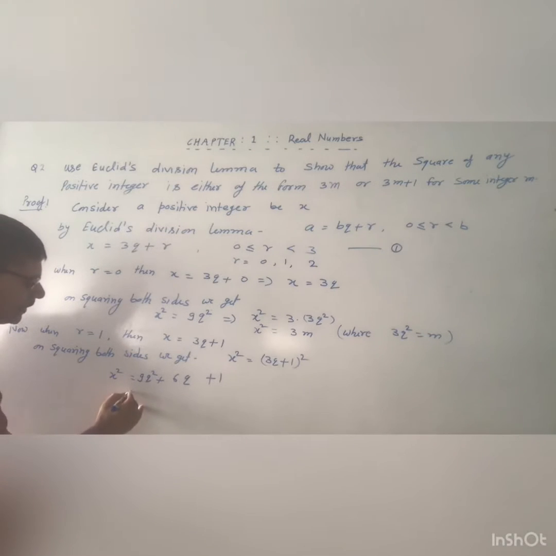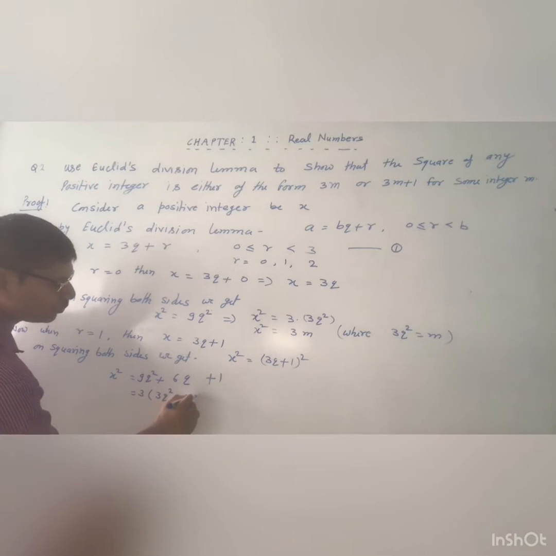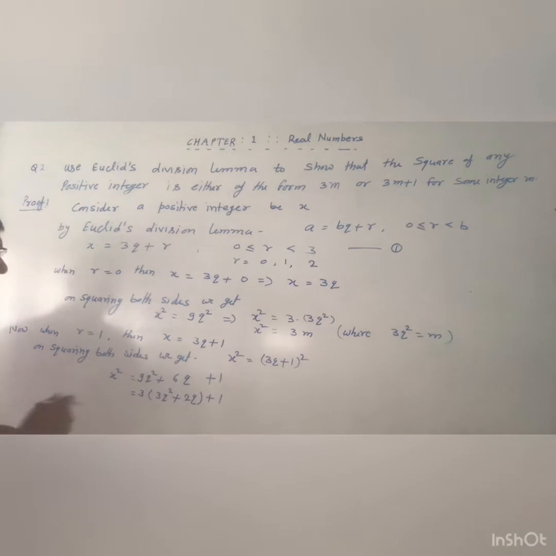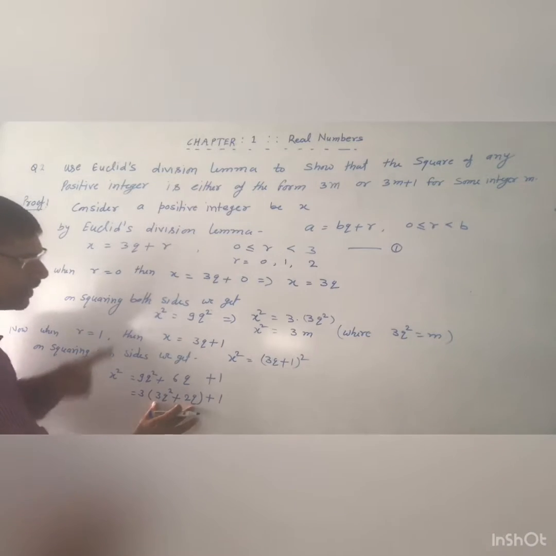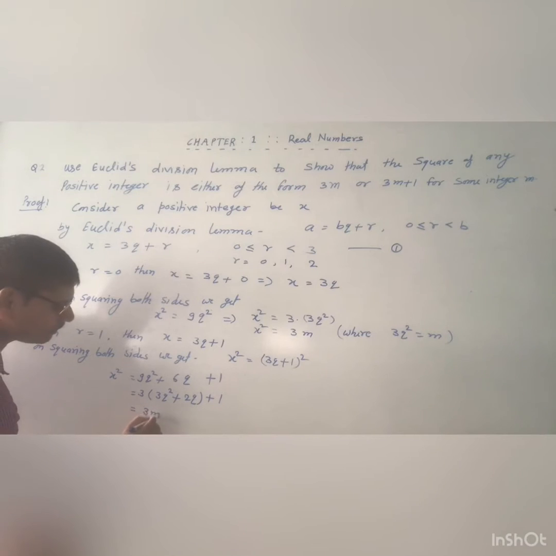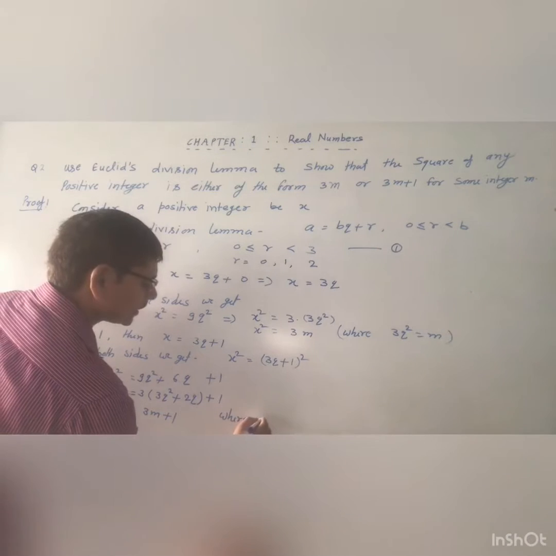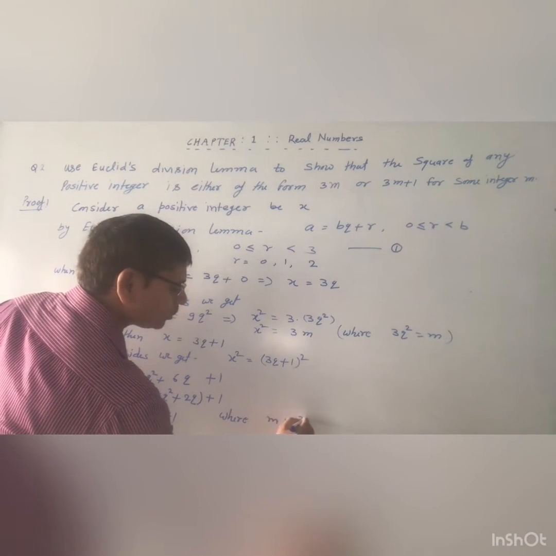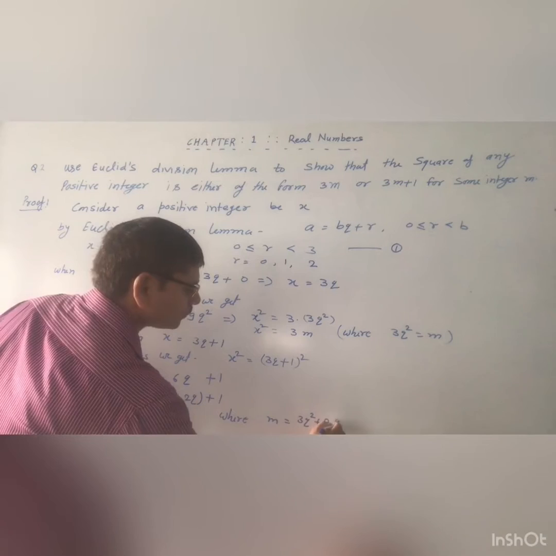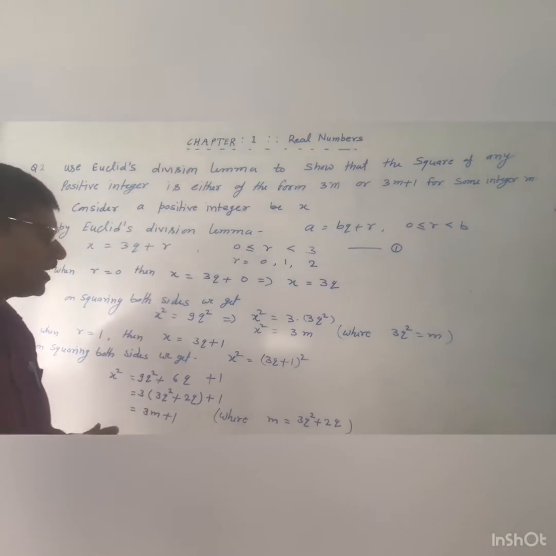Now you can write it as, taking 3 as common, 3(3q square plus 2q) plus 1. Now replace these things by any integer m. So you will write 3m plus 1, where m equal to 3q square plus 2q. So this is the form 3m plus 1.